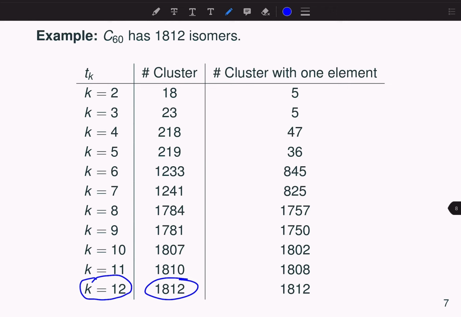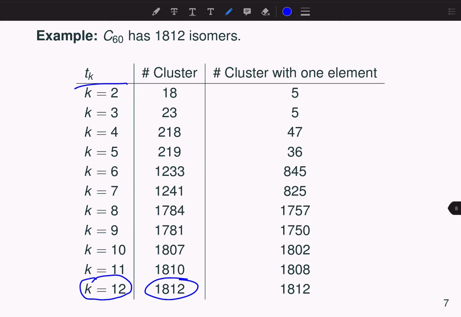And what is interesting now is, you could ask, okay, this is a nice mathematical idea, but how is it connected to real-world properties of a fullerene?